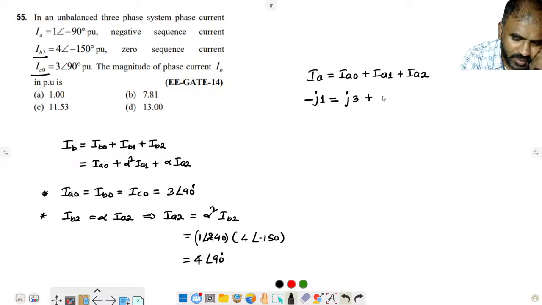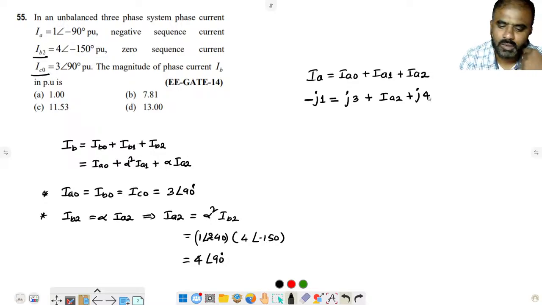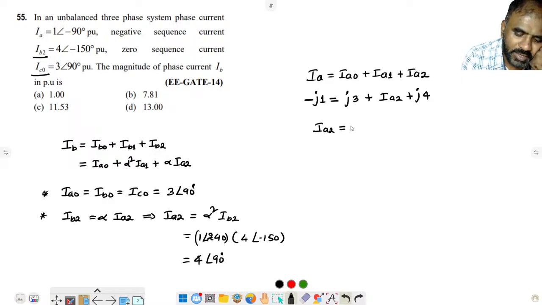Plus IA1 we need to calculate. IA2 is 4 at an angle 90 degrees, means j4. Yes or not? From this, IA1 is j7 minus j1 minus j8.